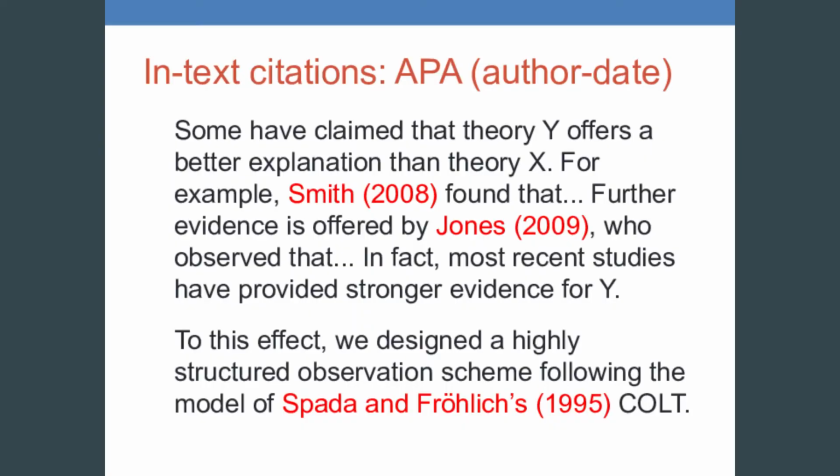And you see the APA, you have, for example, either the author is mentioned in the sentence grammar, like Smith, 2008, found that, blah, blah, blah. Or you see here, for example, the author and date or year are both in parentheses, and they're not in the sentence grammar.